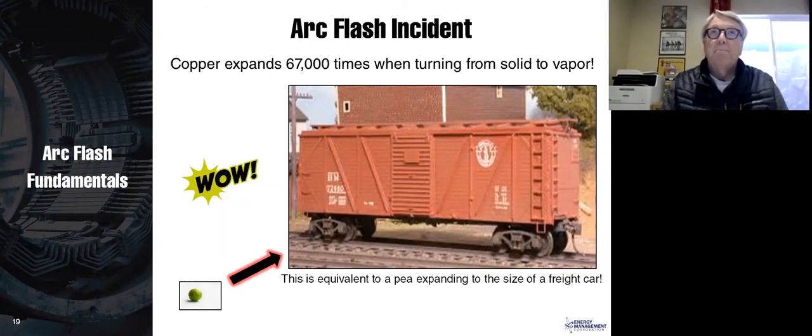So some of that boom explosion is air getting superheated, but some of it is metal, copper and steel and so on, turning from solid to vapor. And so that creates quite an explosion. By the way, you know what else expands about 67,000 times? Dynamite.